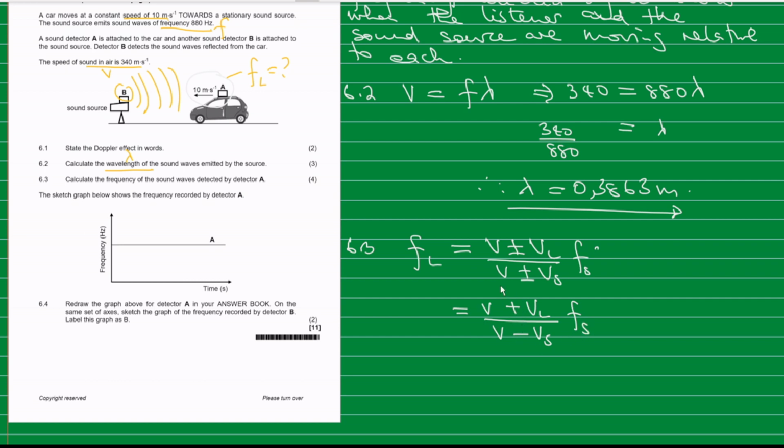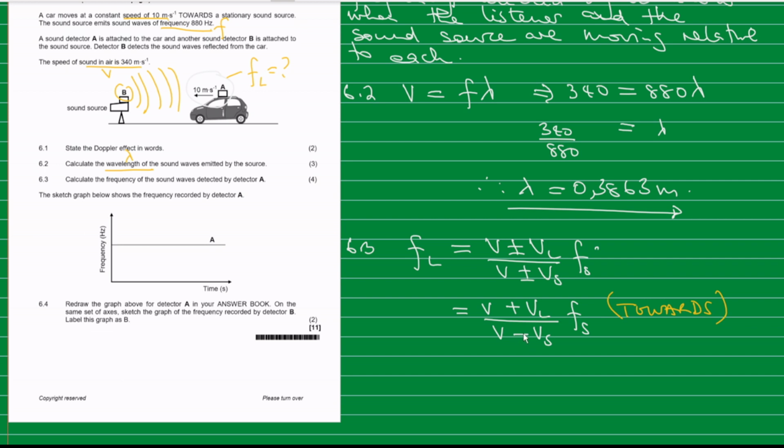I've seen that most students confuse this one. So take note that if you are applying this formula, there are always opposite signs on the numerator and the denominator. If you use the plus on the numerator, then your denominator will have a negative. If you use a negative on top, then your denominator will have a plus.